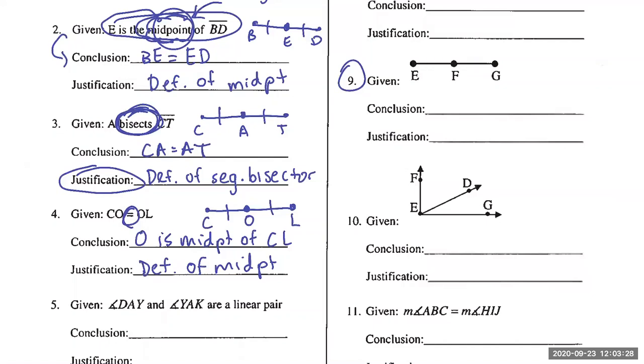Your conclusion is EF plus FG is equal to EG. And what's the reason? A piece plus a piece. Segment addition postulate.